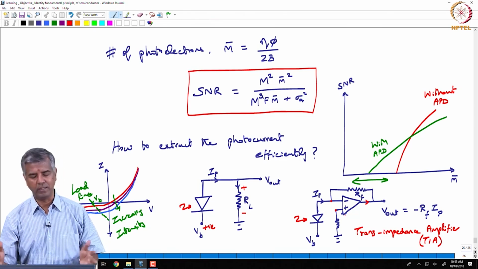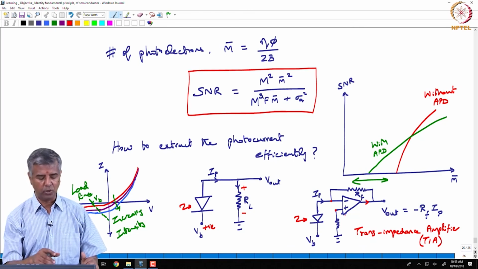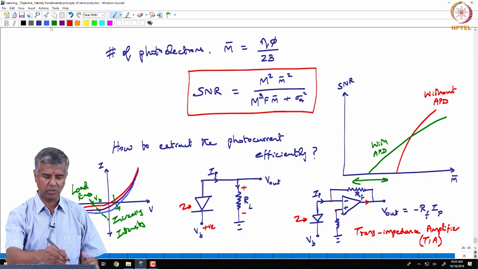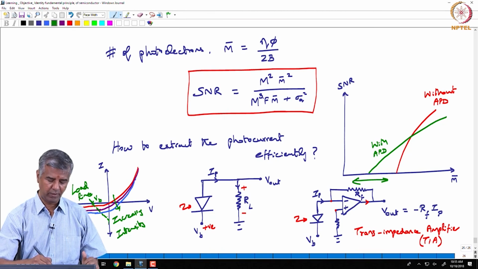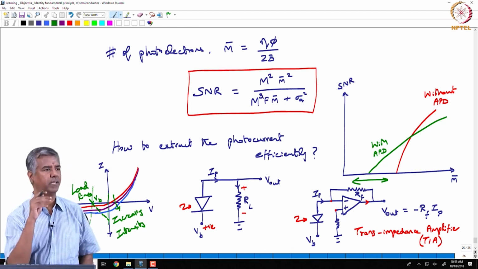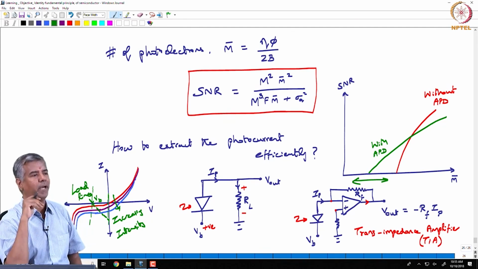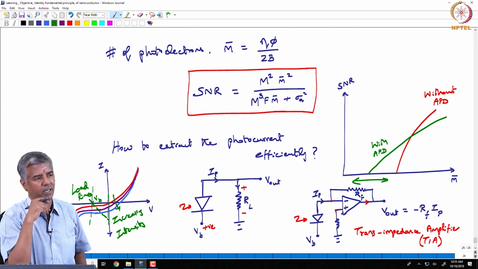So, in this sort of a case, you do not have a loading like this. Instead, your load line will be like this, or if you keep a bias, it will be like this. It will be just a vertical line. Okay. So, you are not compromising your bias while you are extracting more photocurrent.